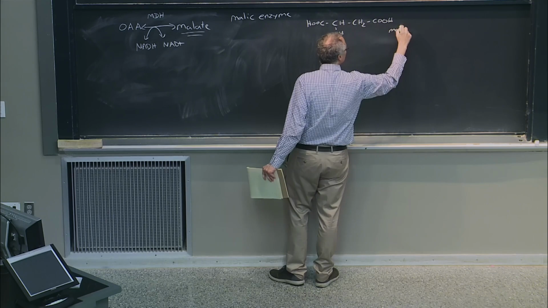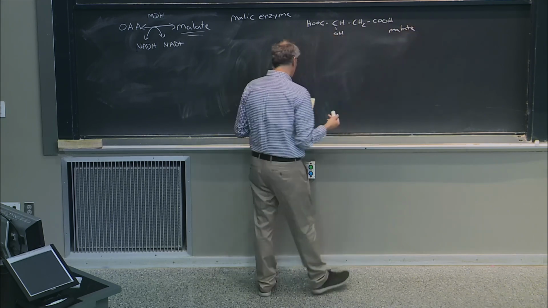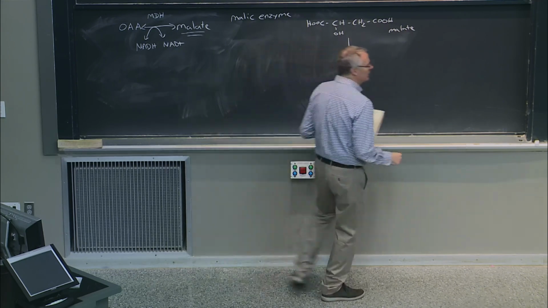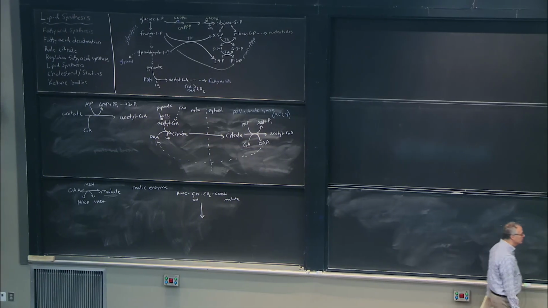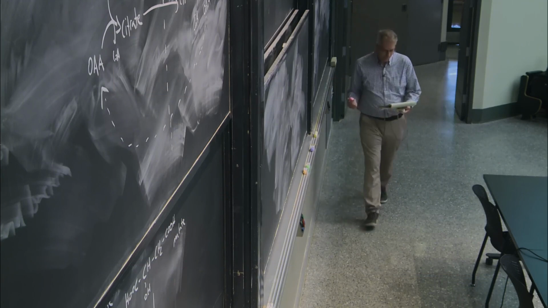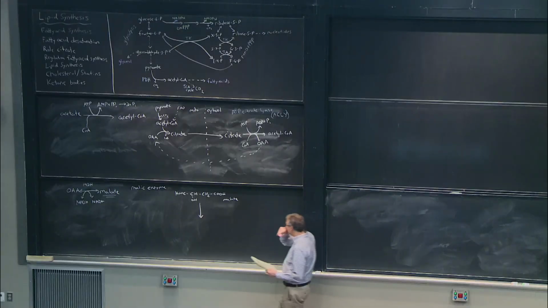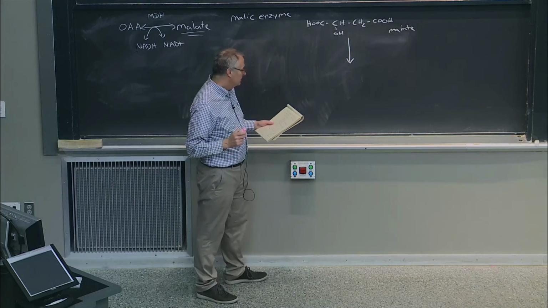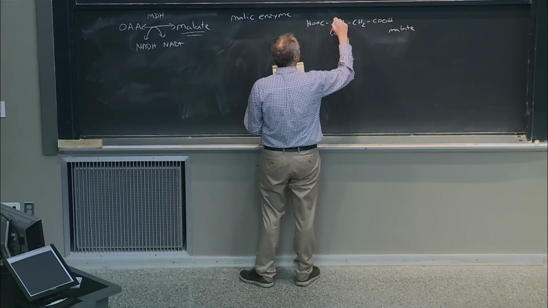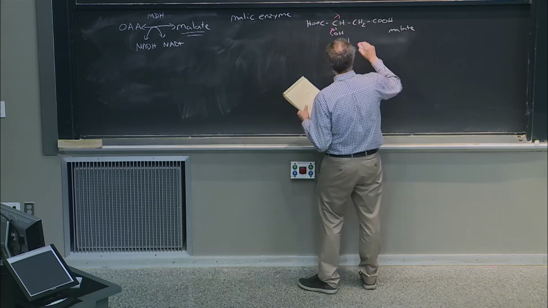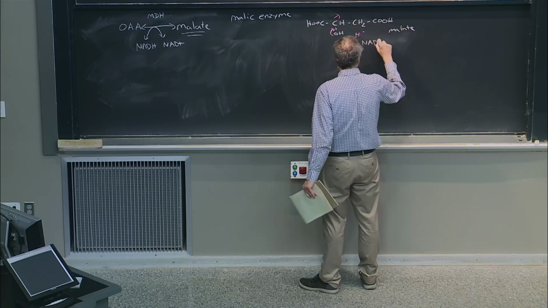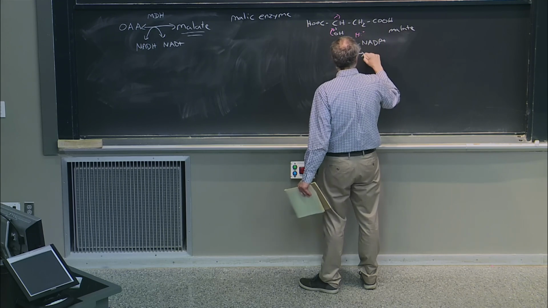So here's malate. If we reoxidize this alcohol to bring malate back to oxaloacetate, that generates hydride ion, which can, of course, be given to a nicotinamide group on malic enzyme.